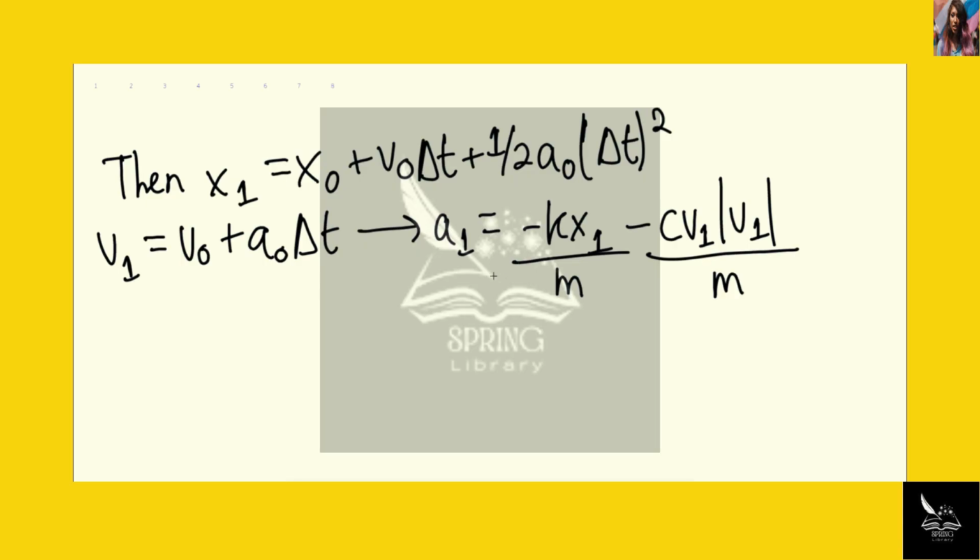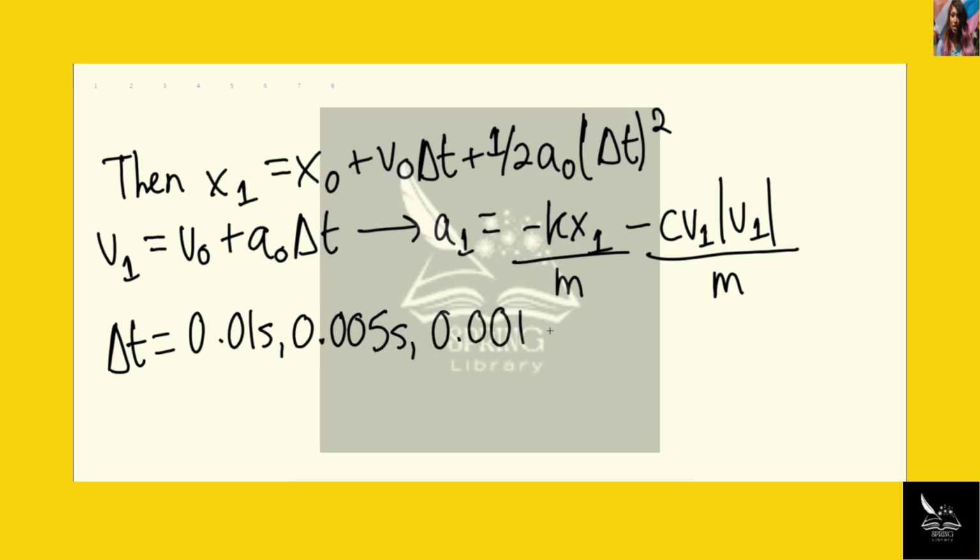So we need to apply this method for a time interval of 0.01 seconds, 0.005 seconds, 0.001 seconds, and then 0.0005 seconds. This is because the results for position, velocity, and acceleration must agree within 2% between the results for that interval and the interval before it.